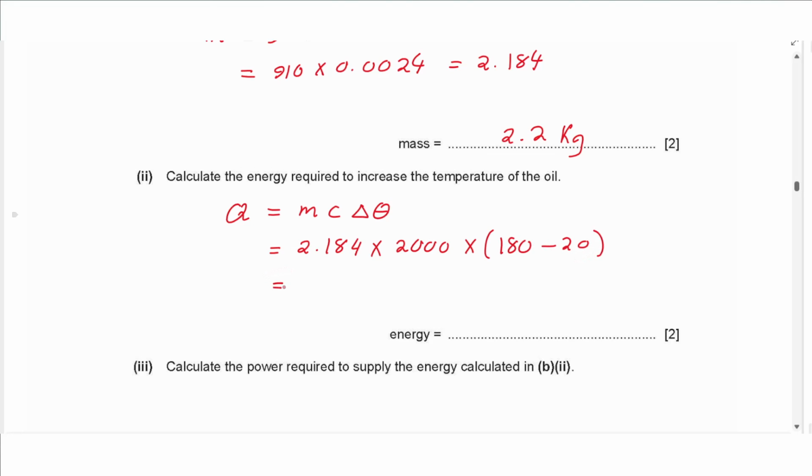That gives an answer of 698,880, which we can approximate to two significant figures or three significant figures, maximum 3. So we have 6.99 times 10 to the power of 5 or 7.0 times 10 to the power of 5, and the answer is in joules.